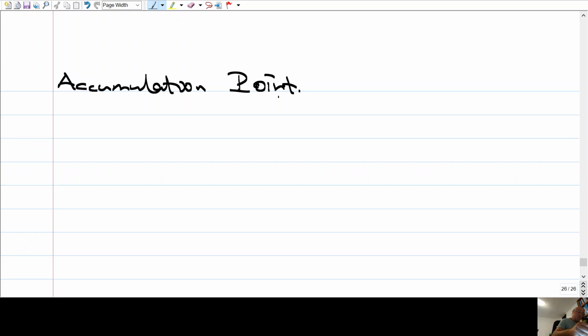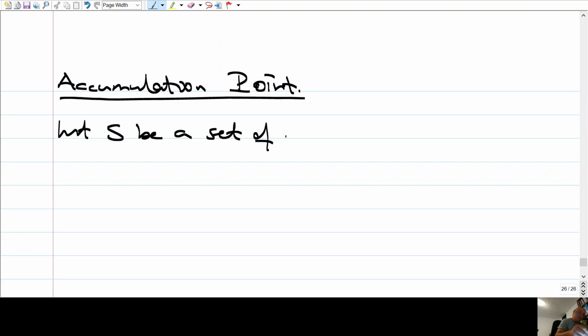So, accumulation point and the theorem of Bolzano-Weierstrass, we will see that. First, let's define what an accumulation point is. Let S be a set of real numbers.